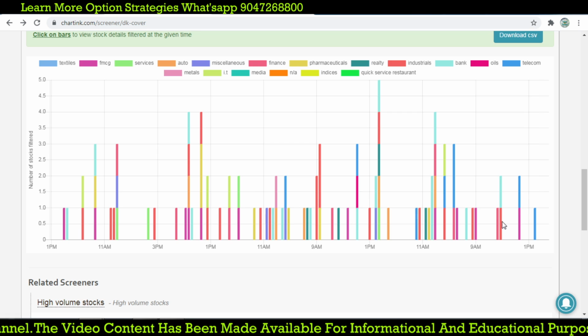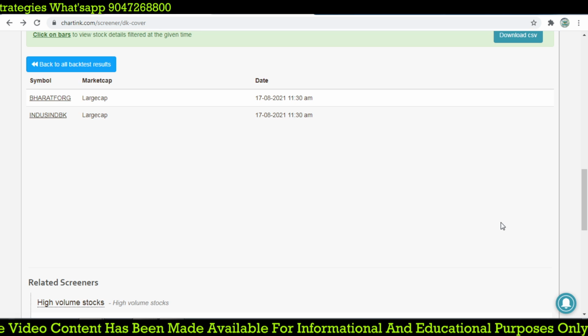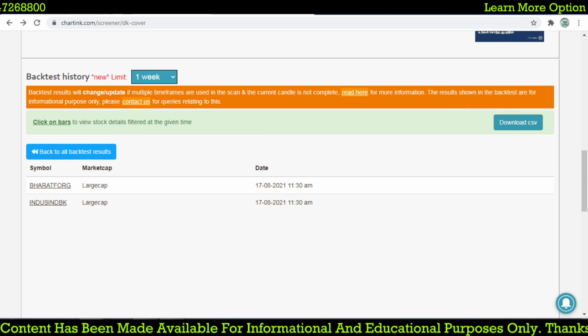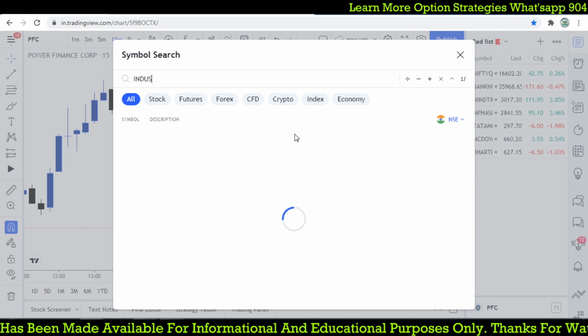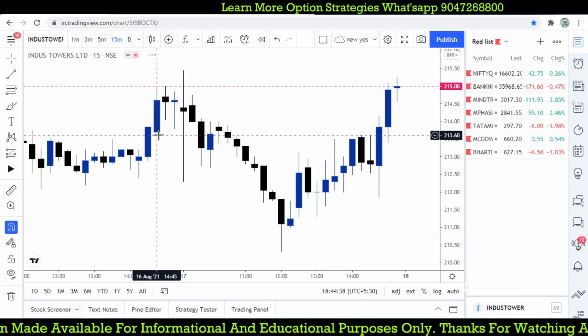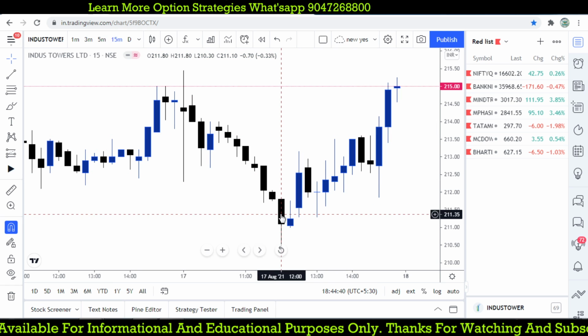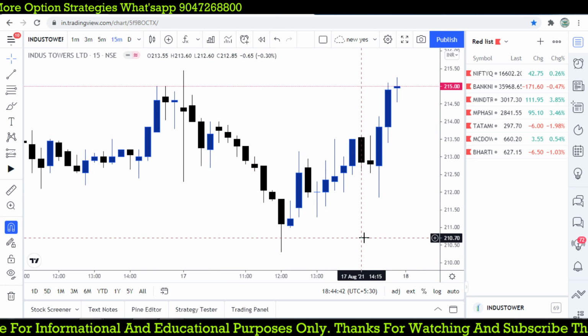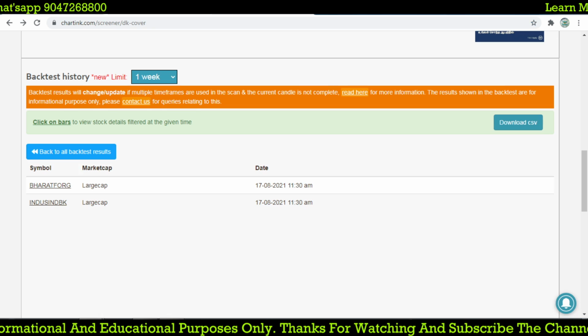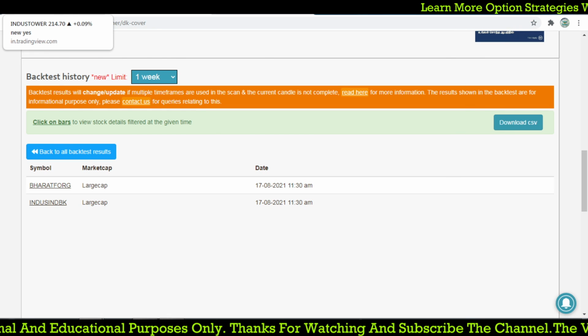And at 11:30 we got two other stocks, Bharat Forge and IndusInd Bank. Let's go for IndusInd Bank. I hope you got that answer. So you got the idea of what we are doing right now. So IndusInd Bank around 11:30.